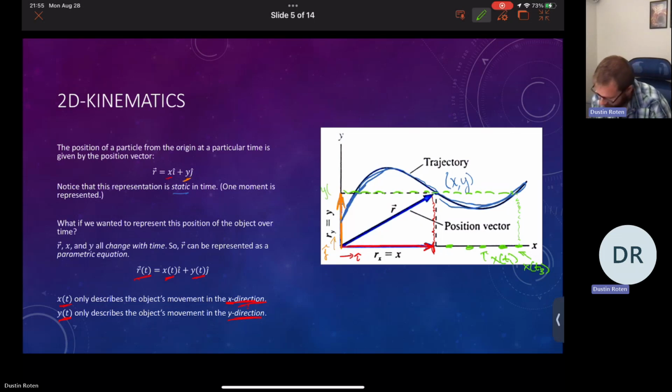So at some time, down here I said t3, same thing here at y of t3. That's the same time as on the x-axis, and that's where my y component of my position vector is going to be. So these x of t and y of t are not really vectors. If you can imagine sliders, one on the x-axis and one on the y-axis, they're telling you what those sliders are doing over time.